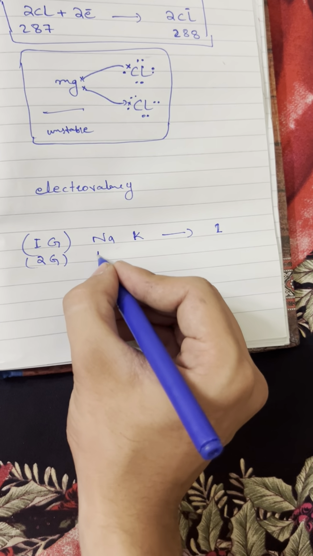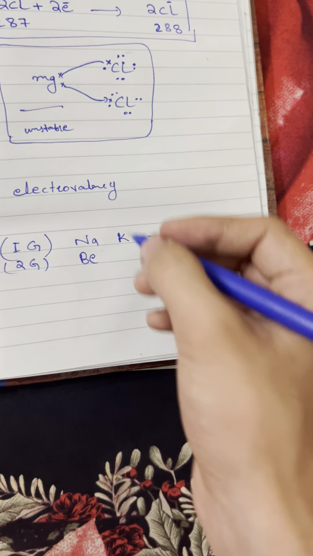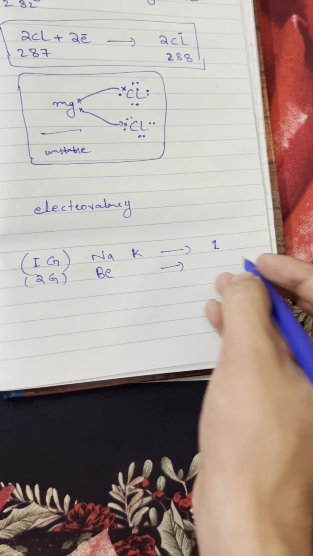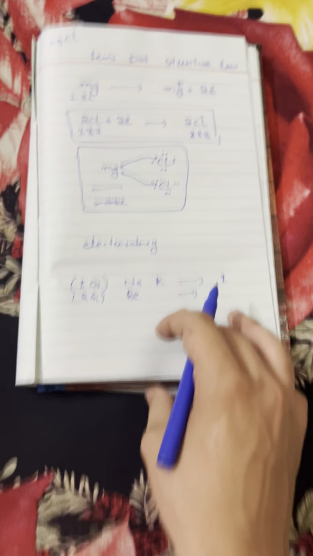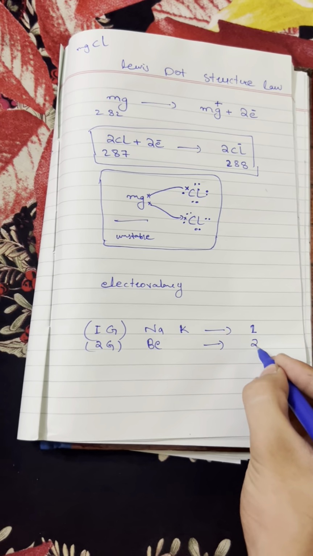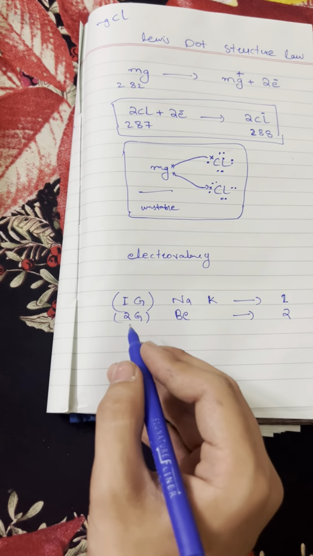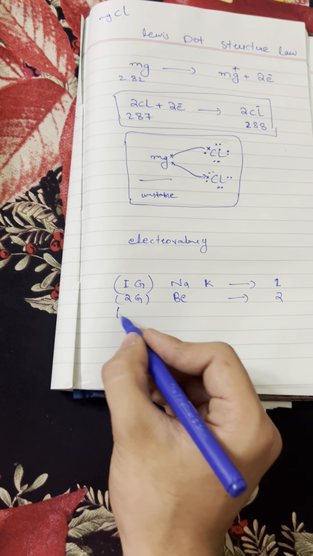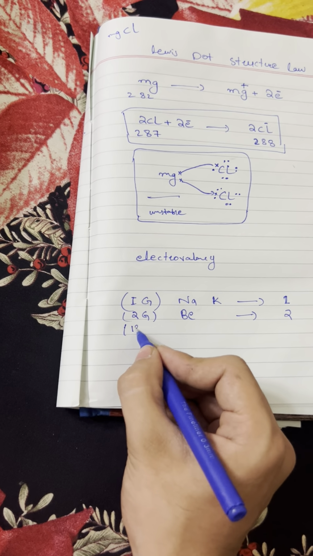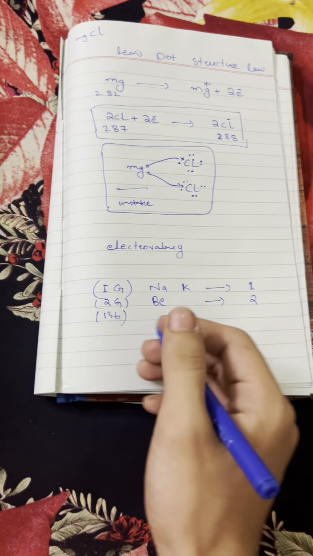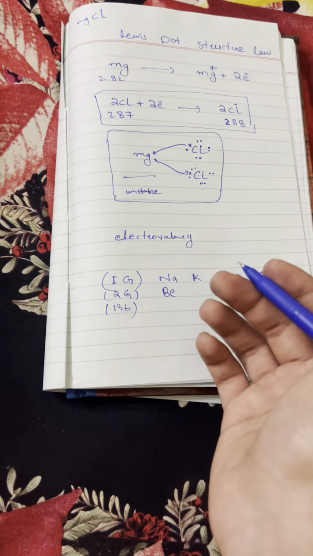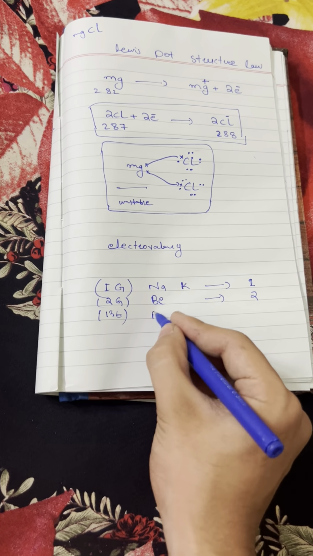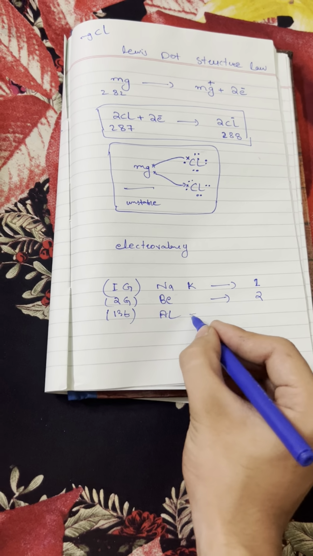Like that, in the second group the valency will be 2 electrovalency. Then we'll look at group 13, which has Al and many others.